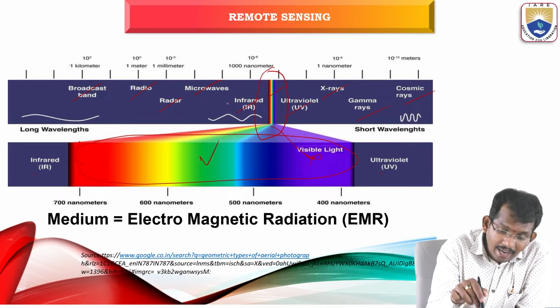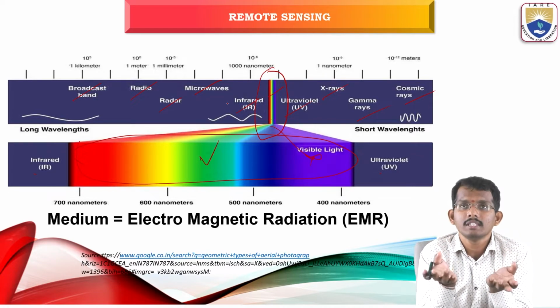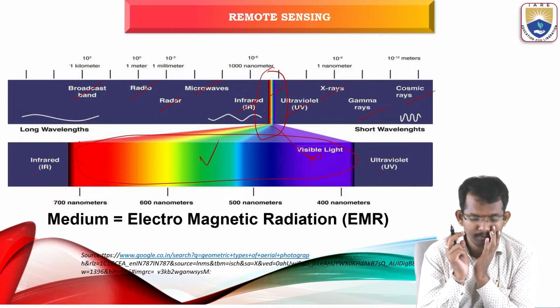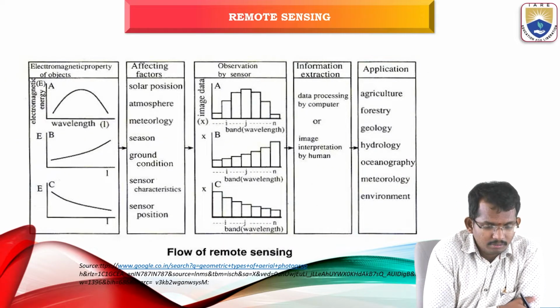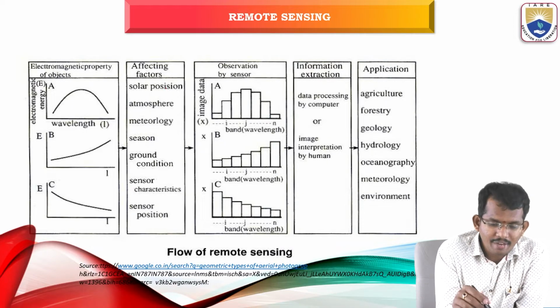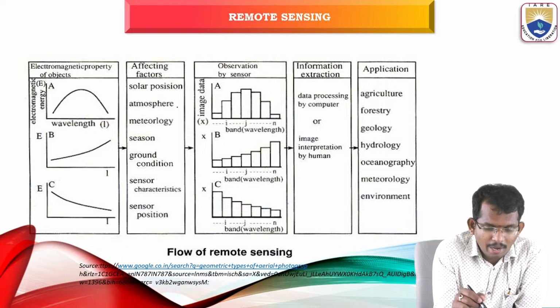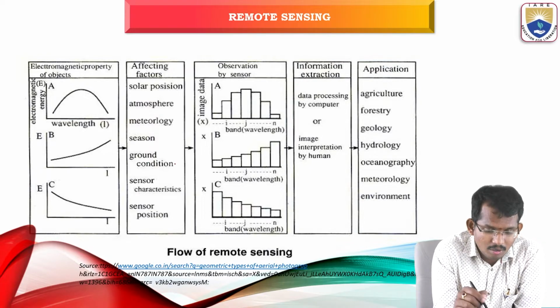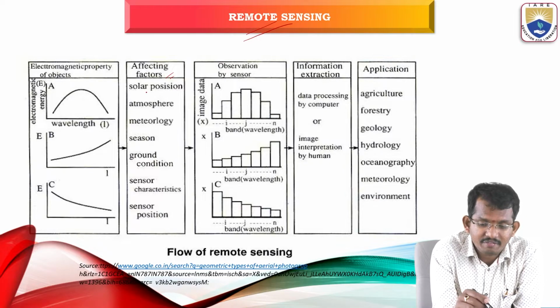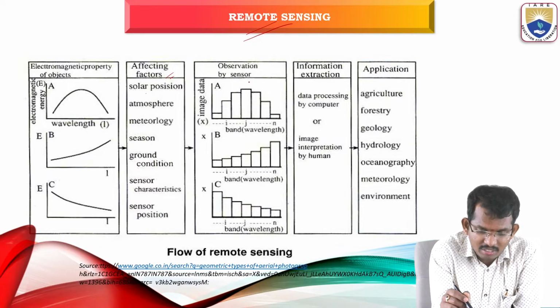These 7 colors can represent the object from the space, right? Electromagnetic property of objects. So electromagnetic energy and wavelength you can see here. Affecting factors: solar positions, atmosphere, meteorological season, ground condition, sensor characteristics, and sensor position. So remote sensing can be affected by various factors, and observation by sensors.